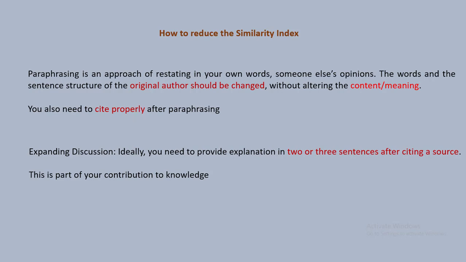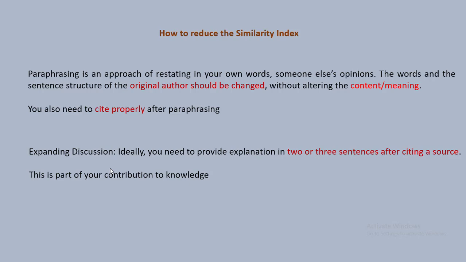Now, the second approach is expanding discussion. This is quite simple because ideally, when you cite a particular author, you need to explain. You need to use like two or three sentences to explain what the original author says, and that is practically your contribution to knowledge.